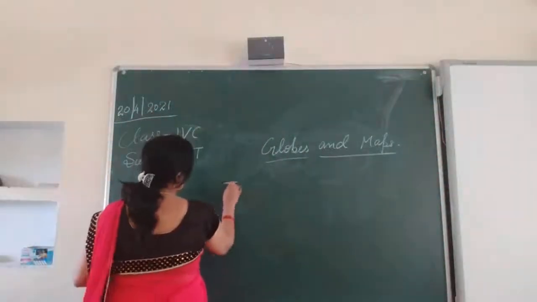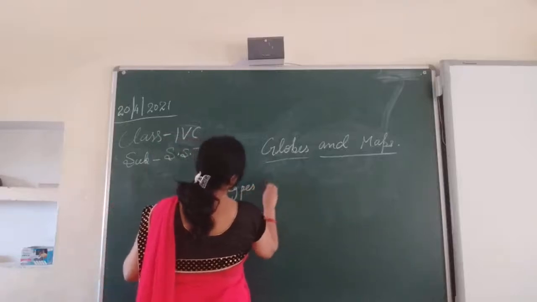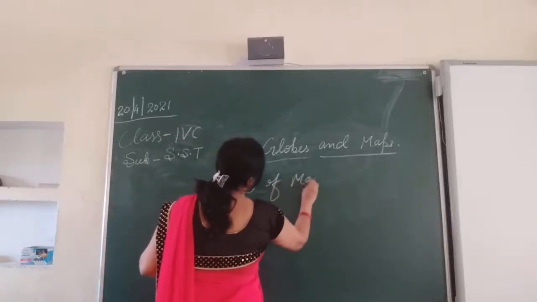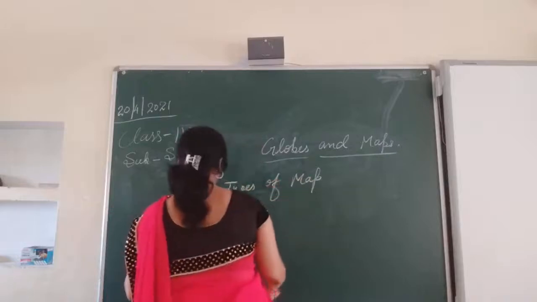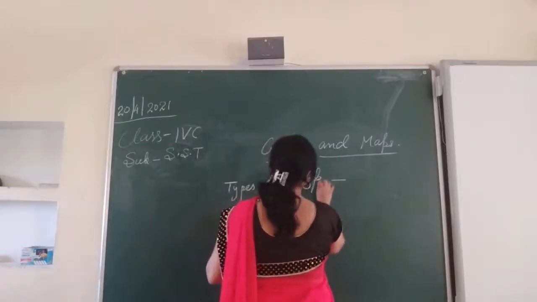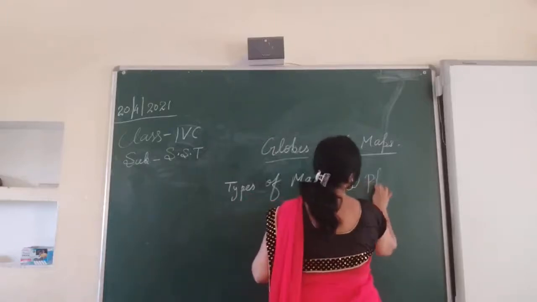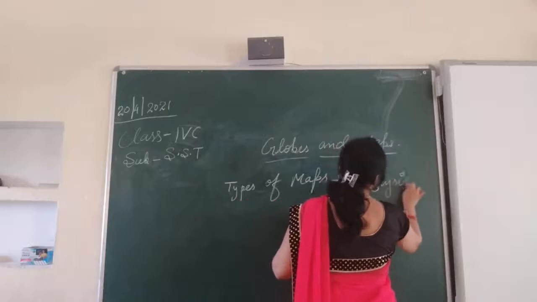Types of map. The first one is the physical map.